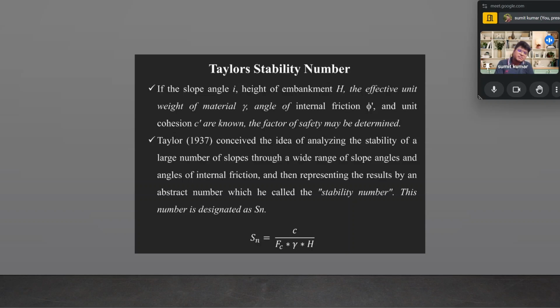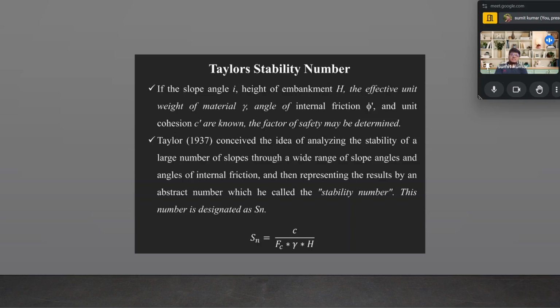The factor of safety may be determined, and Taylor in 1937 conceived the idea of analyzing the stability of a large number of slopes through a wide range of slope angles and angles of internal friction, and then representing the result by an abstract number which is called the stability number. This number is designated as Sn, which is found as C by gamma H into Fs, or C by Fc into gamma H.